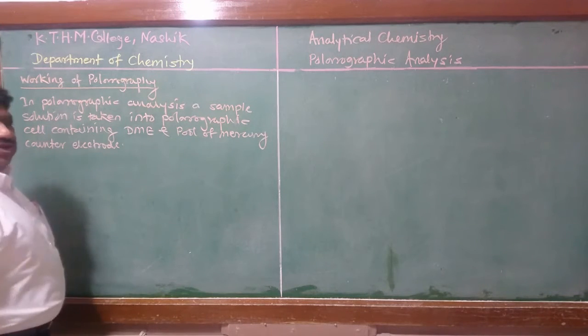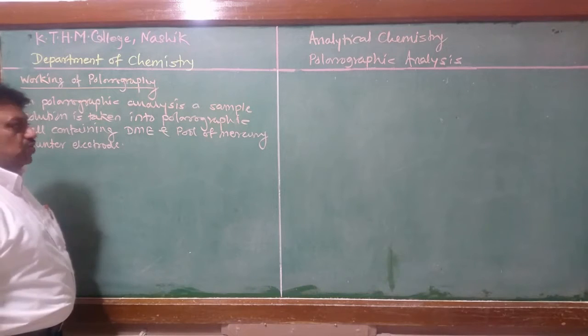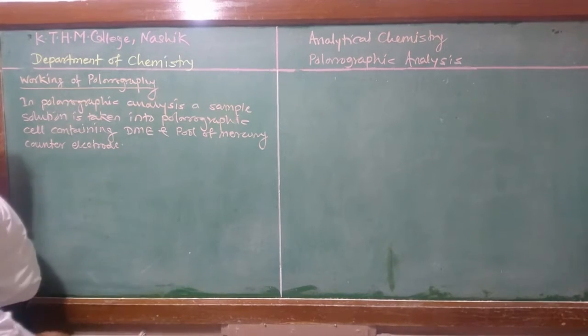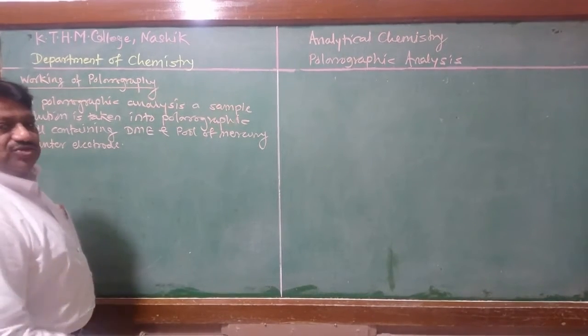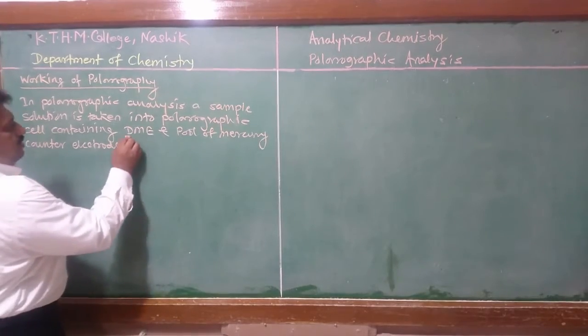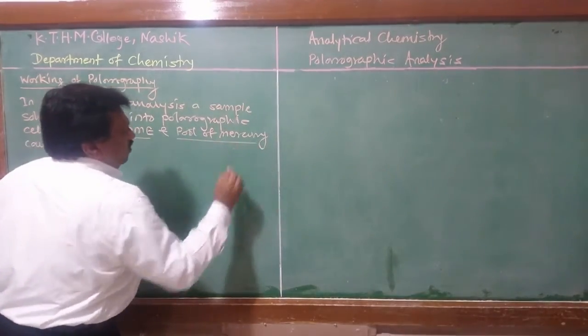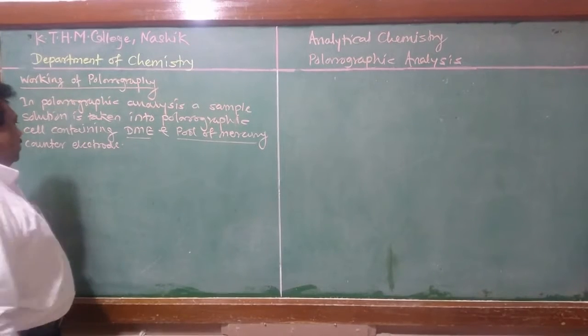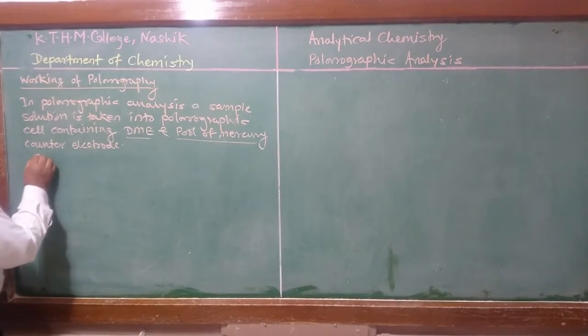Therefore, the sample solution, particularly the analyte solution, is taken into the polarographic cell. Actually, it is an electrolysis cell. When we use DME and a pool of mercury as electrodes, then it becomes a polarographic cell.